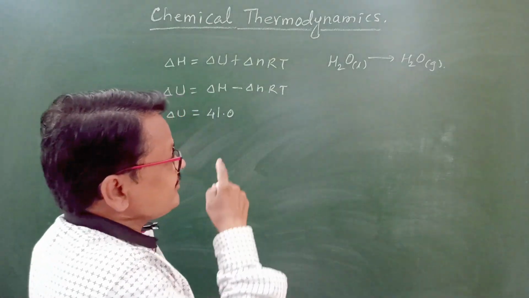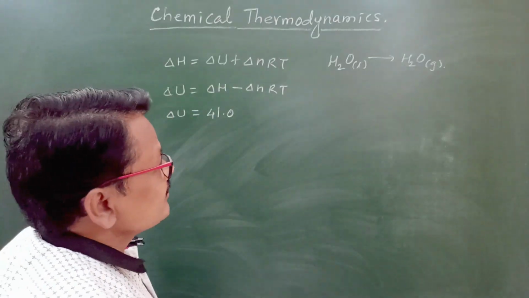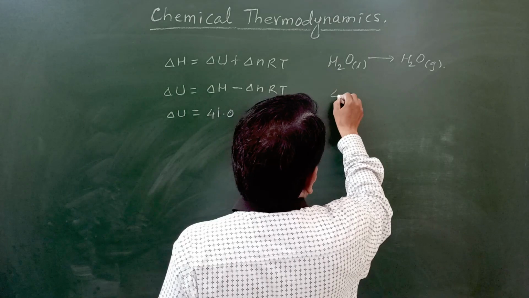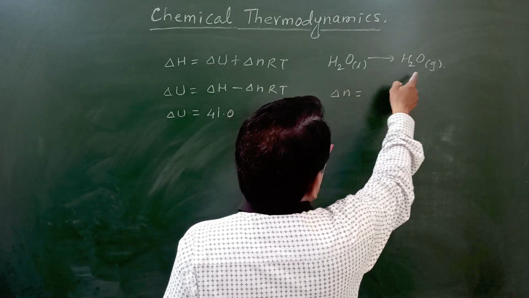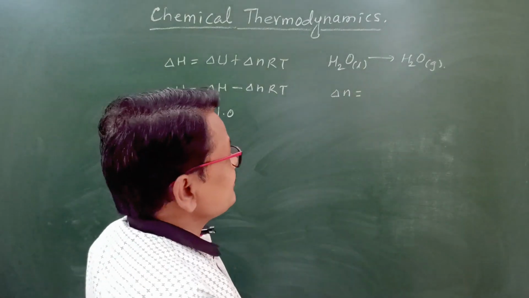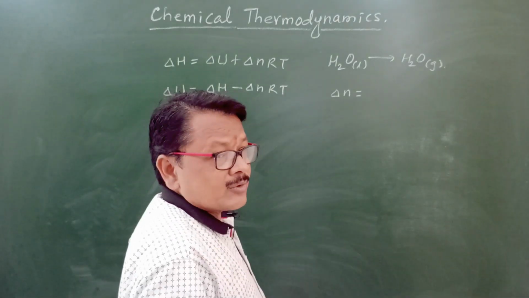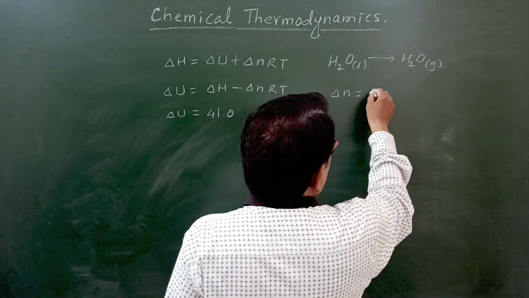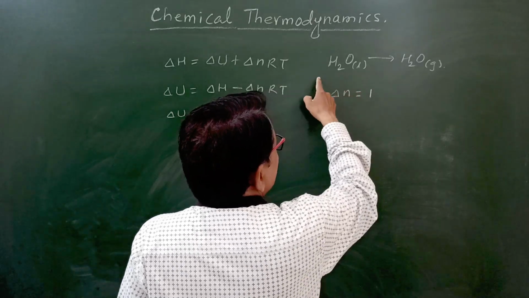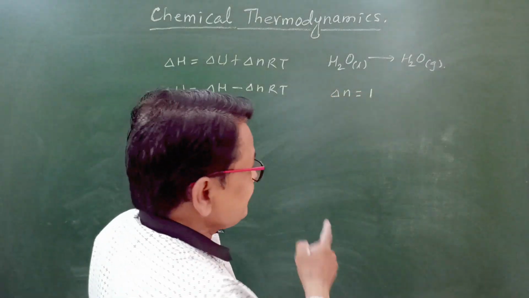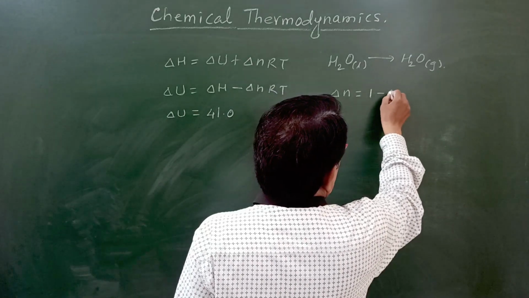Here you have to calculate change in number of moles. Change in number of moles can be written as delta n is equal to number of moles of gaseous product minus number of moles of gaseous reactants. Here number of moles of gaseous product, so that is only 1 mole of water which is present in gaseous state, and there are no gaseous reactants, so therefore it is 0.